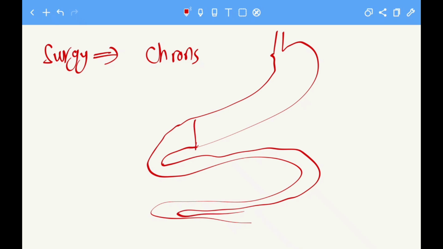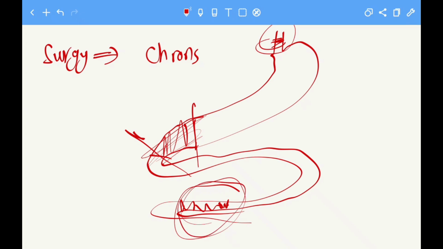We find that it affects this area and this area and this area. So if you cut this area by the surgery and anastomose it, you can't cut the whole areas in the GIT tract. It is very difficult, and it is difficult to anastomose them, and there is a lot of complication like leakage and a lot of them.